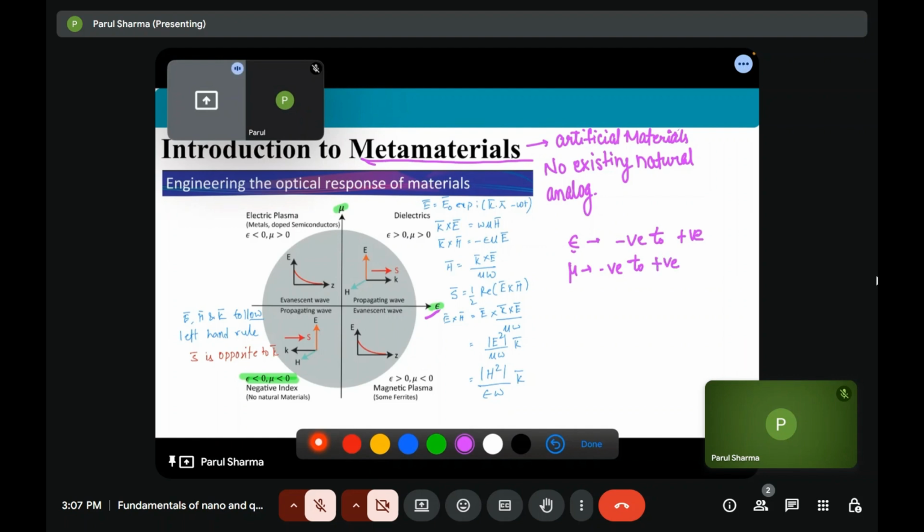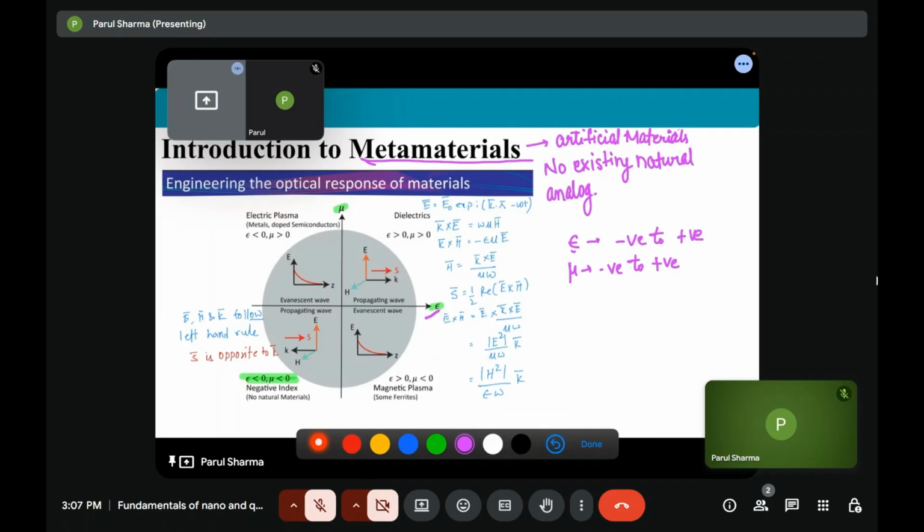For example, permittivity is positive for dielectrics and it is negative for metals or some semiconductors.